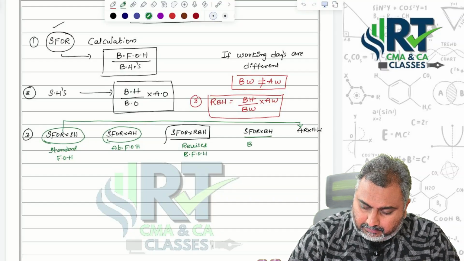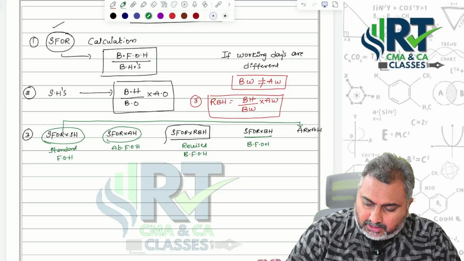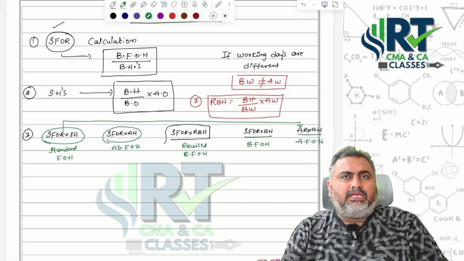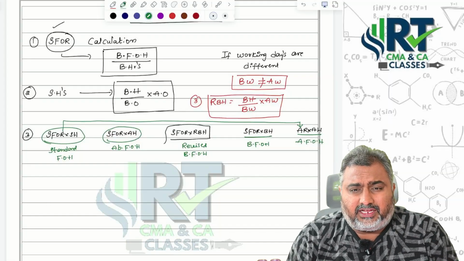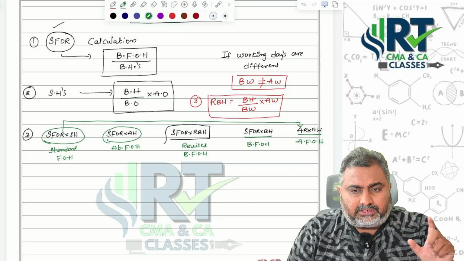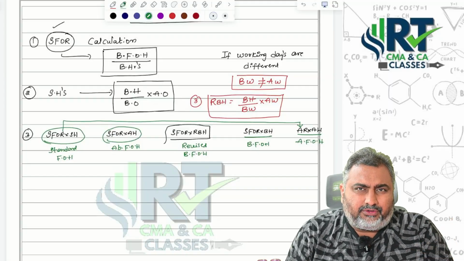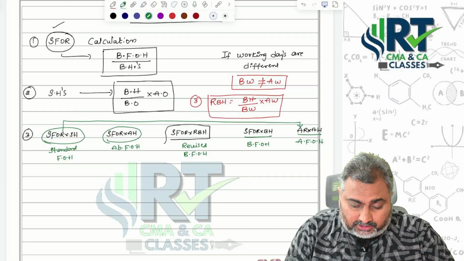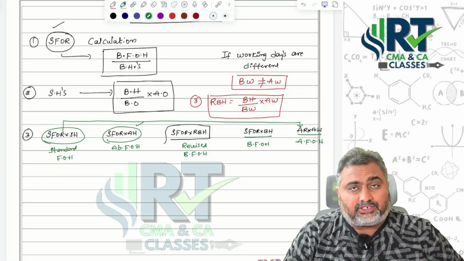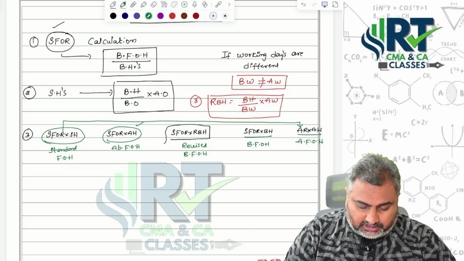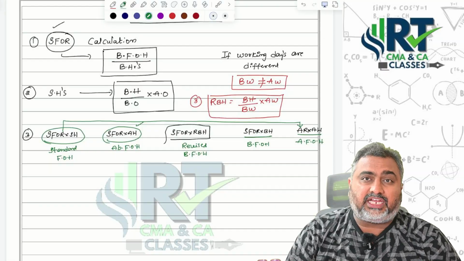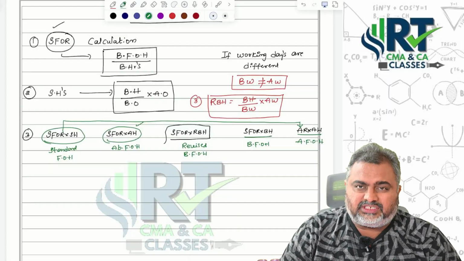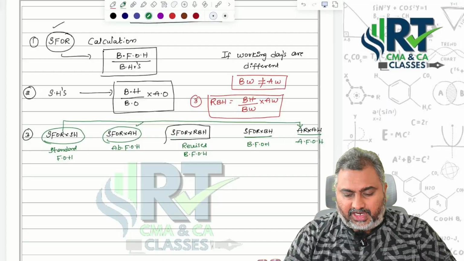SFOR into BH is budgeted fixed overheads. AR into AH is actual fixed overheads. One more time: SFOR into SH we call standard fixed overheads. SFOR into AH, people see AH and think it is actual, but no, that is observed fixed overheads. How much I predetermined, how much I want to recover, how much revised, how much budgeted, how much actual fixed overheads are incurred. Got it?